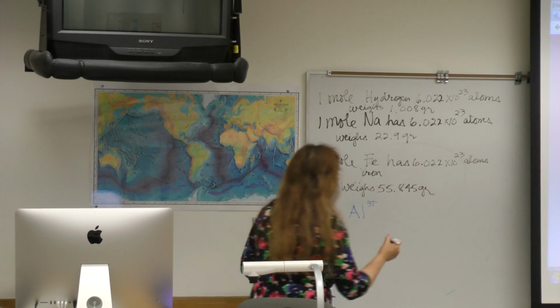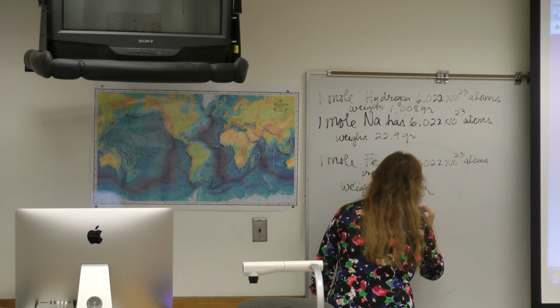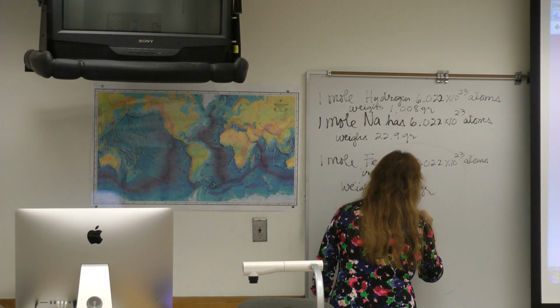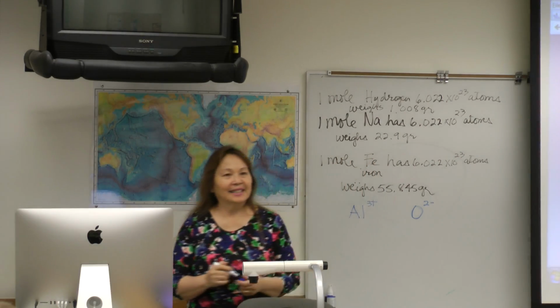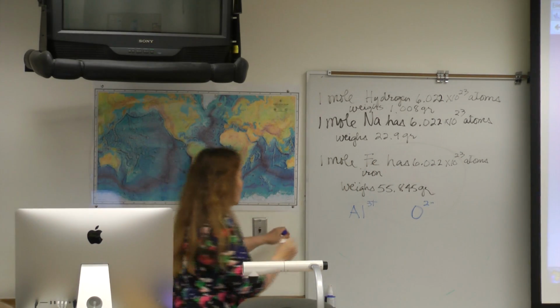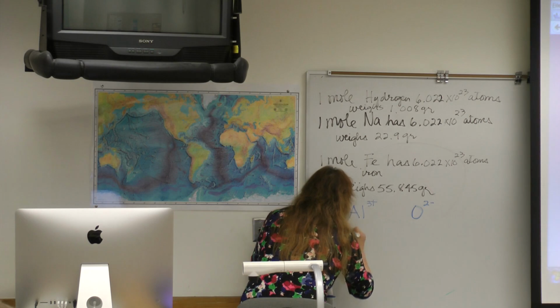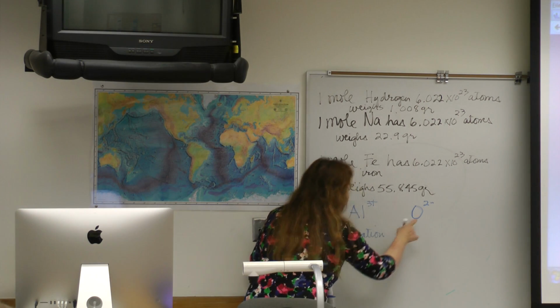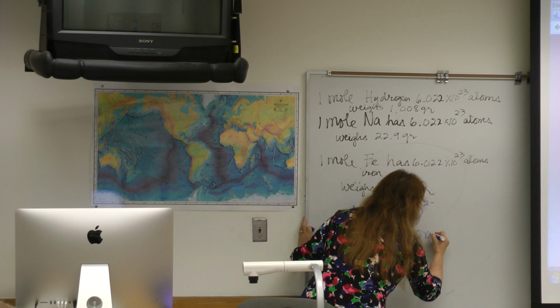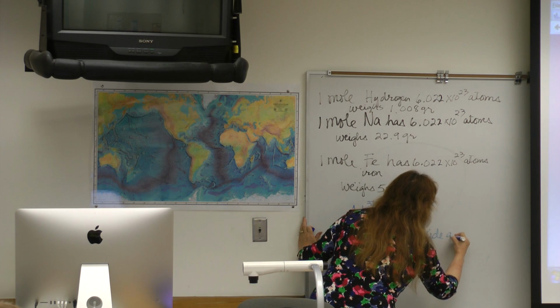Oxygen tends to gain 2 electrons, so it would have 2 minus. So we still call this an aluminum cation, but we call this an oxide anion.